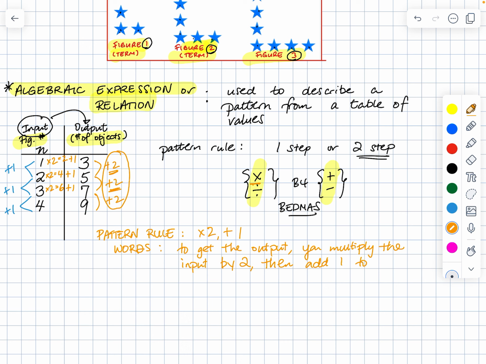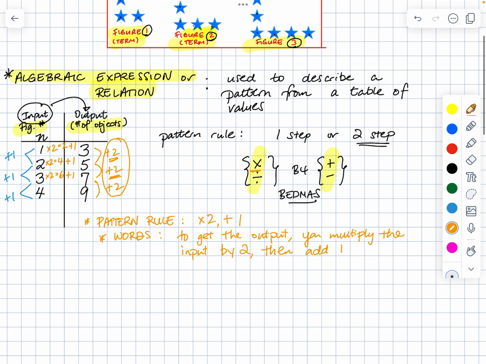So in words, to get the output, you multiply the input by 2, then add 1. This is describing the relationship between the input and the output, because you'll be asked to describe that relationship in some of the questions you'll be dealing with.